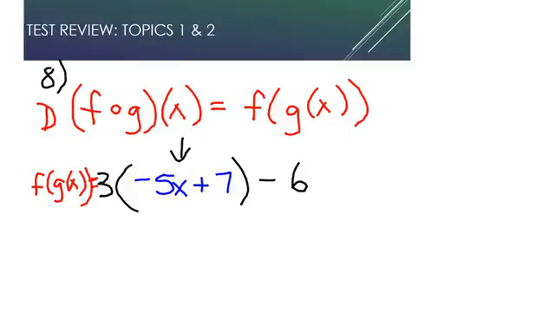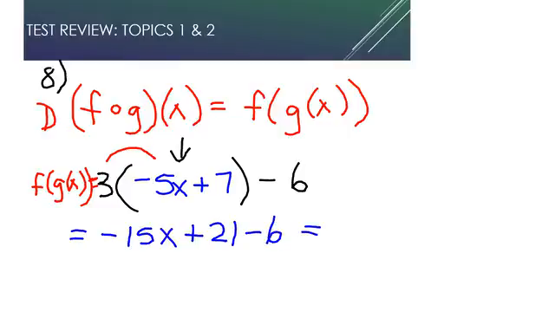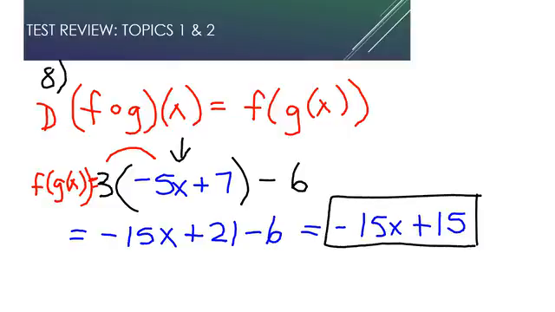Okay, so now I just need to distribute, which if I do that here, I will have negative 15x plus 21 minus 6. So the answer is going to be negative 15x plus 15.